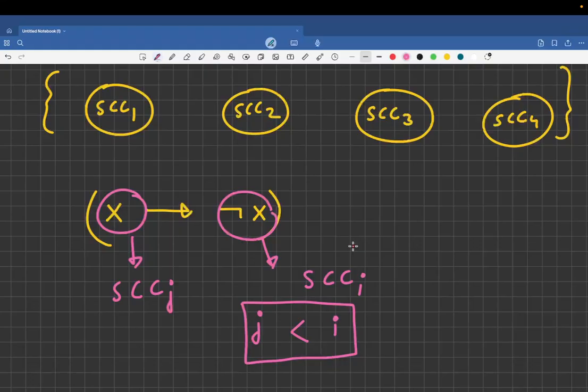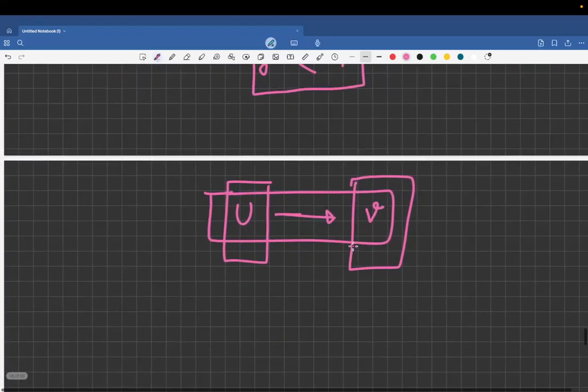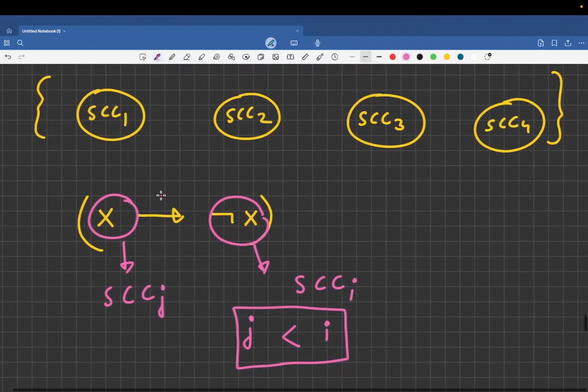So if there is an edge from x to not x, then the SCC for this x will come before the SCC of this not x.